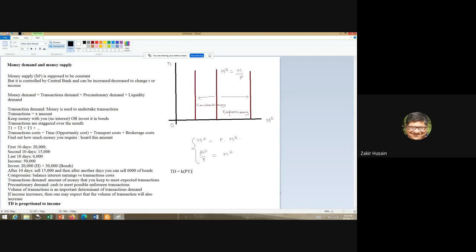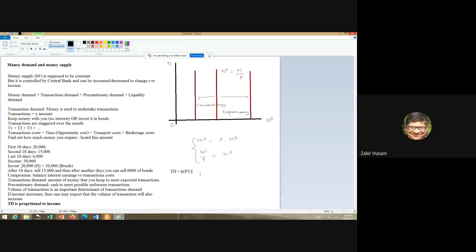You have all the constant parameters on one side. Here, as you'll see, I've introduced Y only, but you will see r will also come into the picture. Okay, so transaction demand is KPY, or rather we can say K1PY. Precautionary demand is also, let us say, K2 into PY.